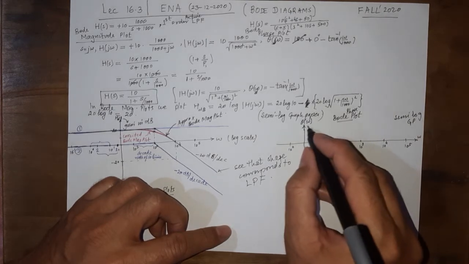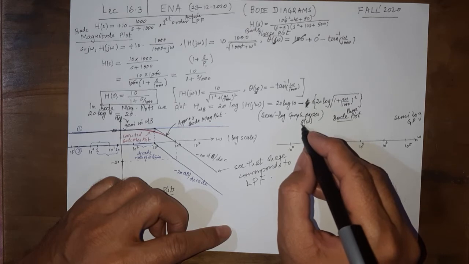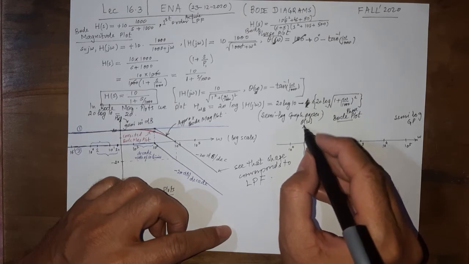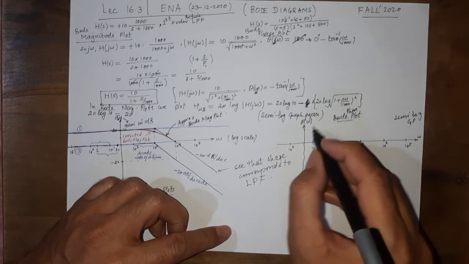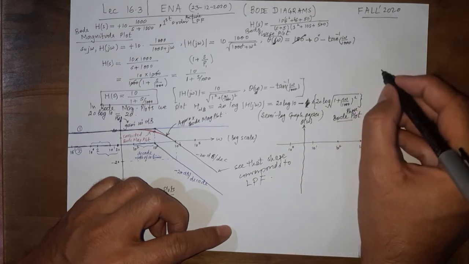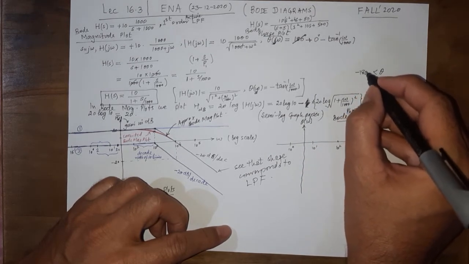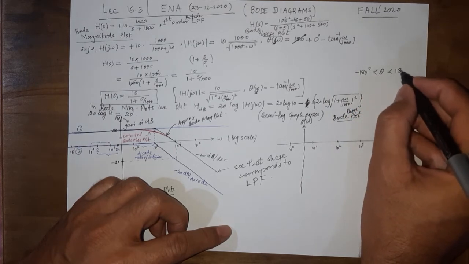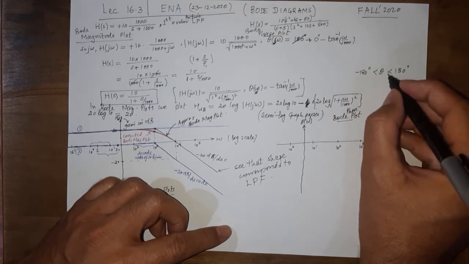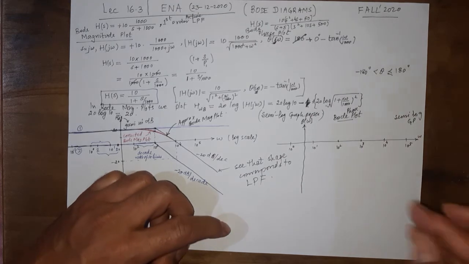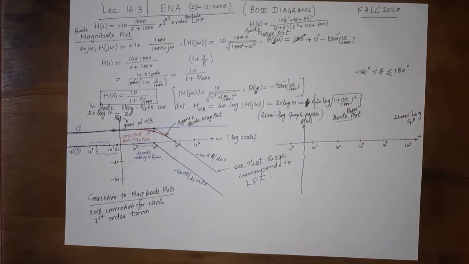So on this scale we have theta, phase angles. Phase angle can go from 0 to 360, or phase angle can go from -180 to +180 degrees. And basically this covers all of the 360 degrees.